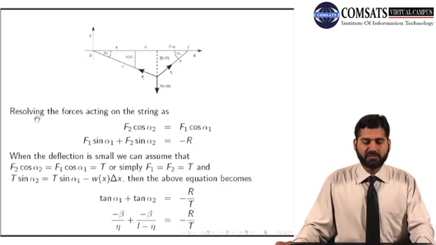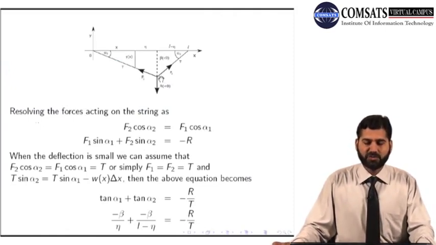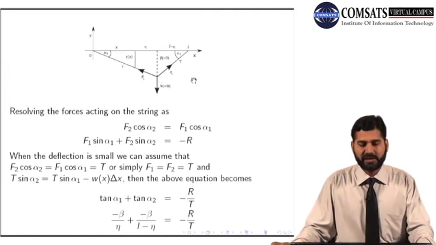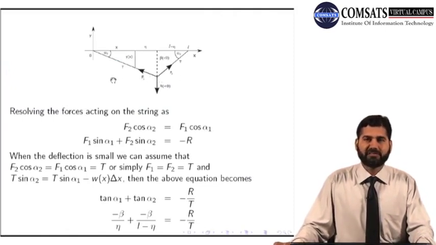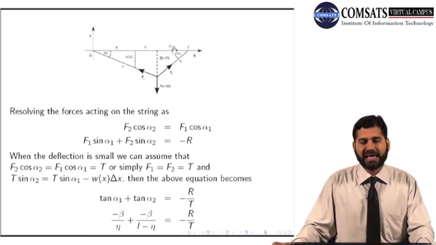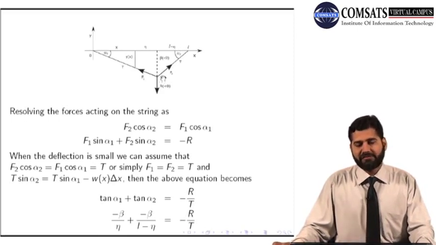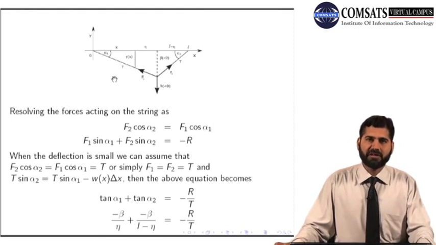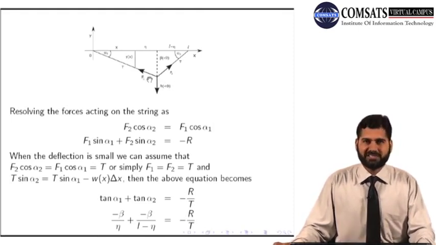Now, if you resolve the forces acting on the string, then of course F2 cosine alpha 2 is the horizontal force here, and F1 cosine alpha 1 is the horizontal force here, because alpha 2 is the angle which F2 makes with the x-axis. So these two will balance each other. Horizontal forces will balance.